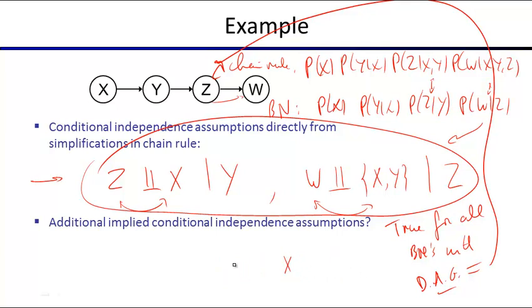Any other suggestions? Yes? Y and W are independent given Z. I'm going to say that that's equivalent to what we already have over here.